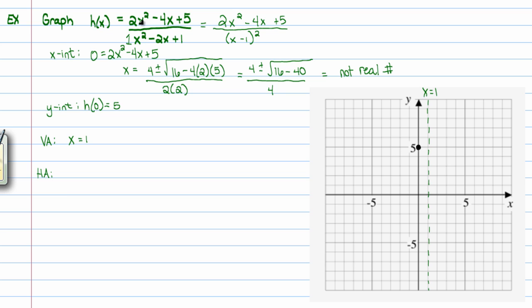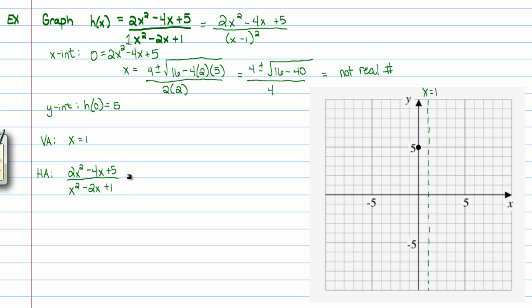This means that they grow at the same rate. And the only thing that really makes a difference as x gets really large are the coefficients of these. So if I were to divide both top and bottom by x squared, so let me just show you, 2x squared minus 4x plus 5, and I have a denominator of x squared minus 2x plus 1.